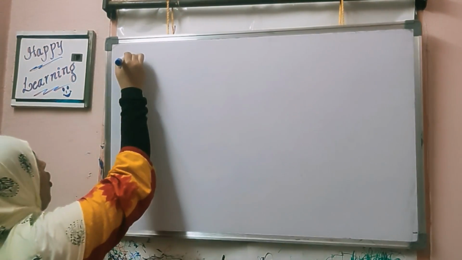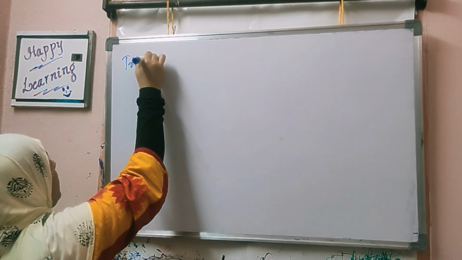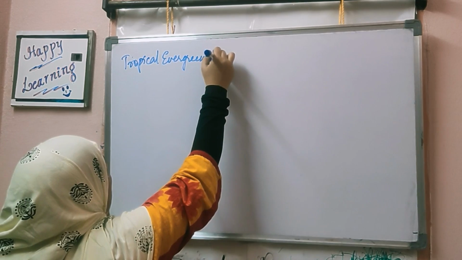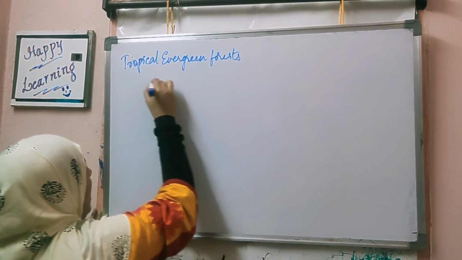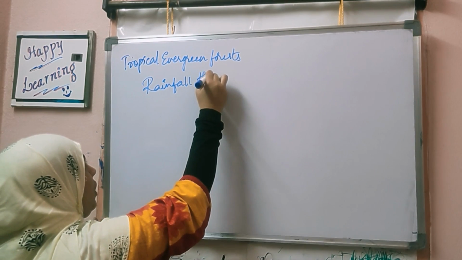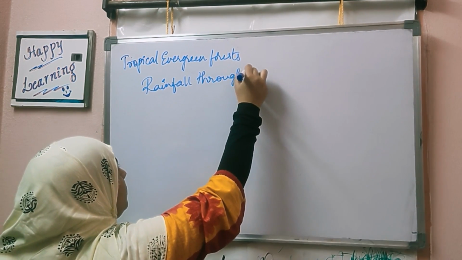First one, tropical evergreen forests are those forests which have rainfall throughout the year.